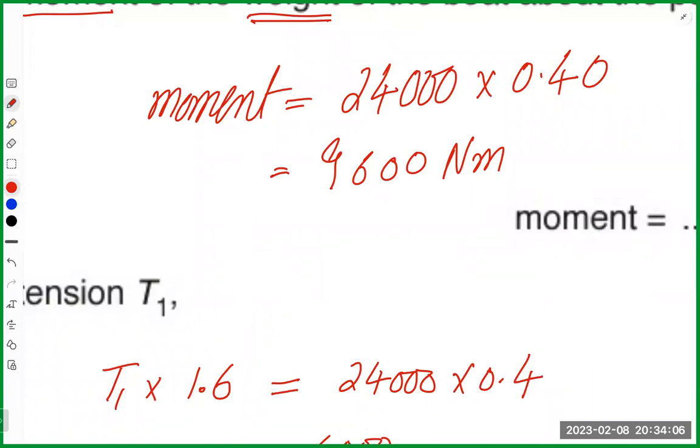Okay, sir. If this system is in equilibrium, which is said because the board is stationary, that means clockwise and anti-clockwise turning effects are equal. Just solve it. Just put the values in the calculator: 24,000 multiplied by 0.4 divided by 1.6.